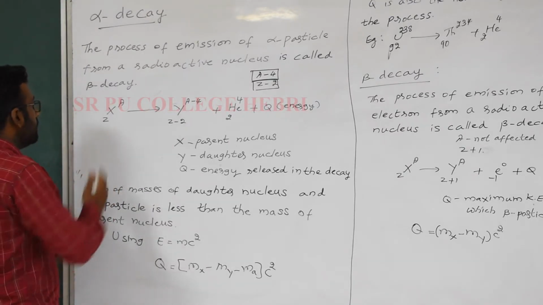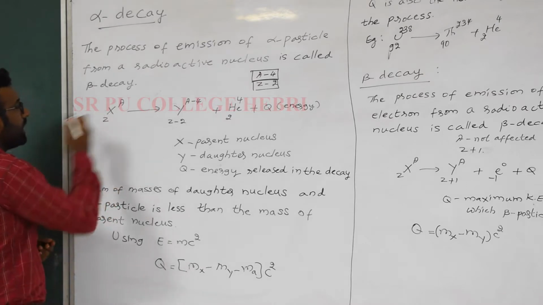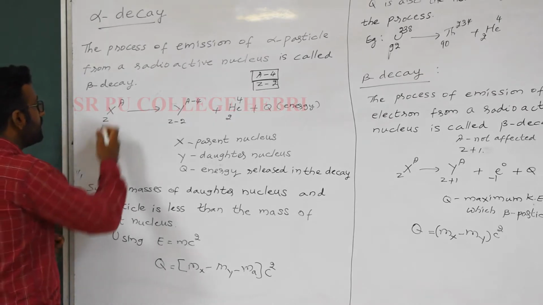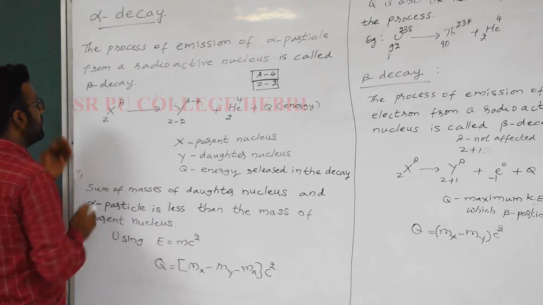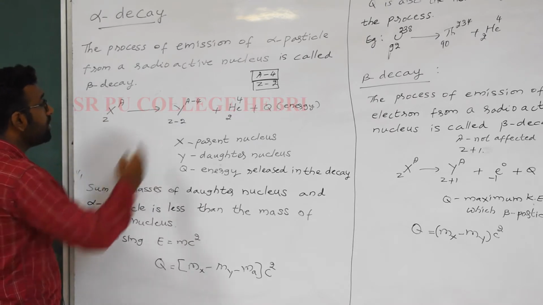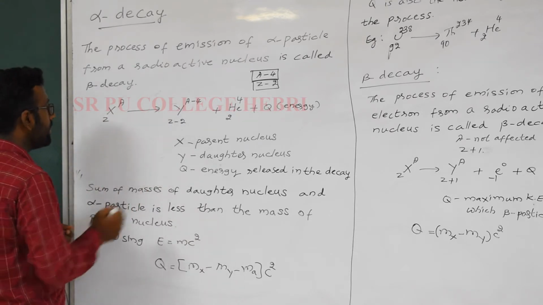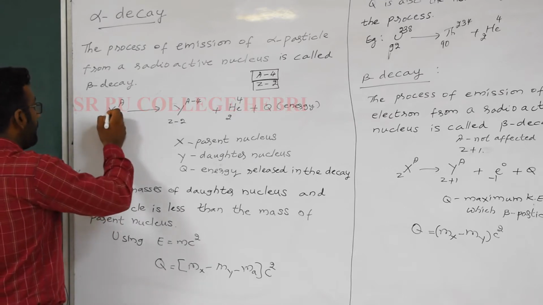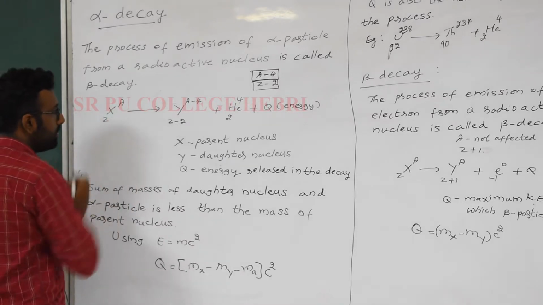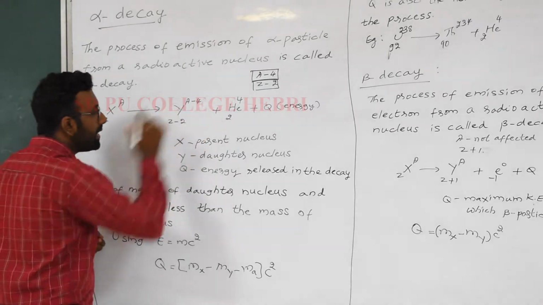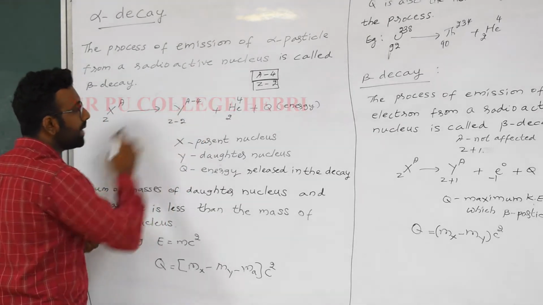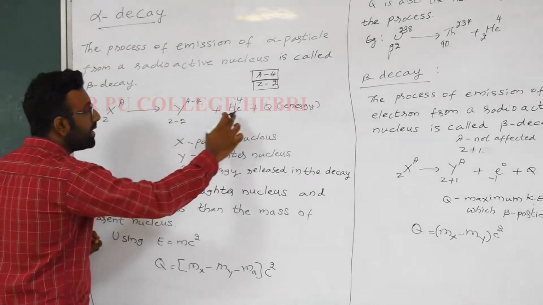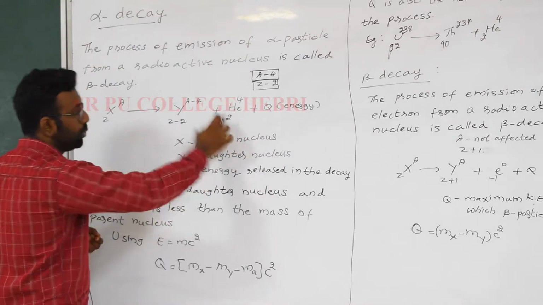We will check the chemical equation. I've taken X as a nucleus, called the parent nucleus, and Y as the daughter nucleus. So we can say X with mass number A and atomic number Z gives Y with A minus 4 and Z minus 2, plus He 4 2.